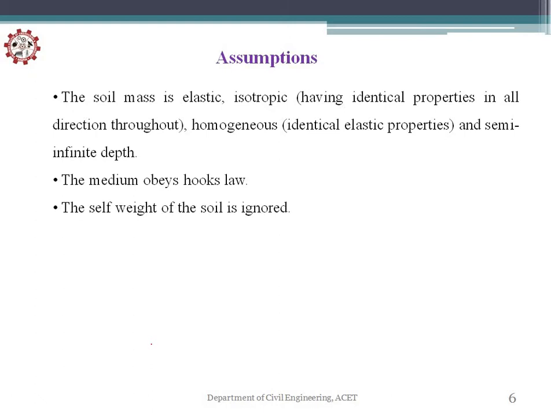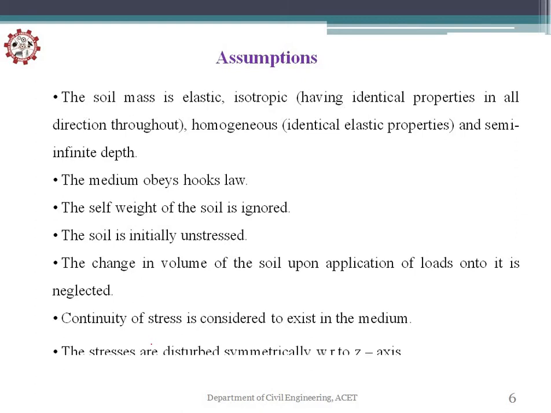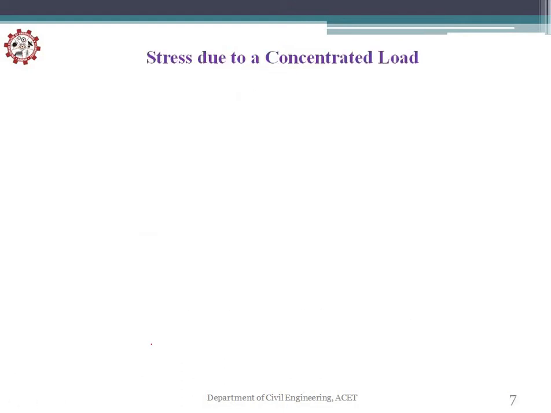The self-weight of the soil is ignored. The soil is initially unstressed. The change in volume of the soil upon application of loads is neglected, and continuity of stress is considered to exist in the medium. The stresses are distributed symmetrically with respect to the z-axis.